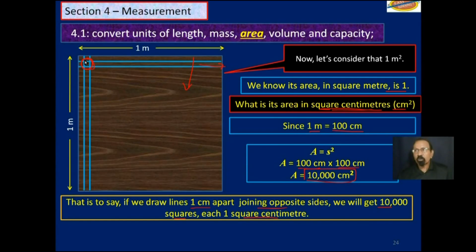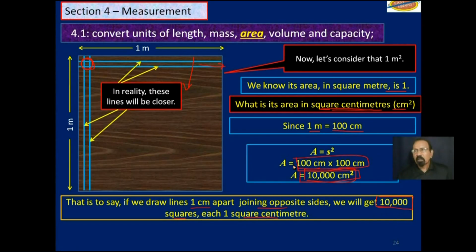And how many of those will we get from this 1 meter? We will get 10,000. And this is what we want to look at specifically, that we have to square the linear measurement to get the square measurement. In reality, these lines will be closer, but you will get 10,000 of those little squares in 1 square meter.